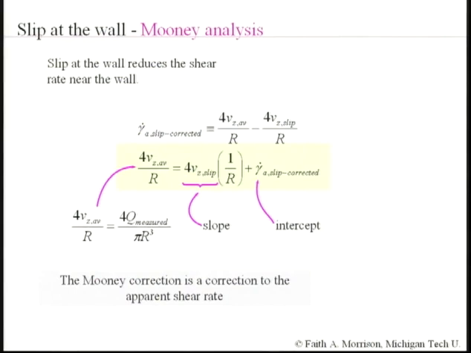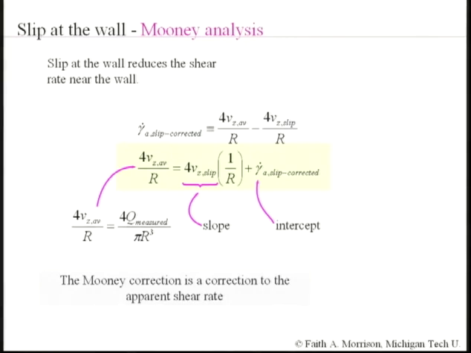So here is the measured 4Q over pi r cubed, and then we subtract the amount of flow rate that is essentially lost to slip at the wall. So when we write it in terms of velocity, what we're essentially taking is the net velocity, V minus V slip, which is equal to the actual velocity that really gives an apparent shear rate at the wall.